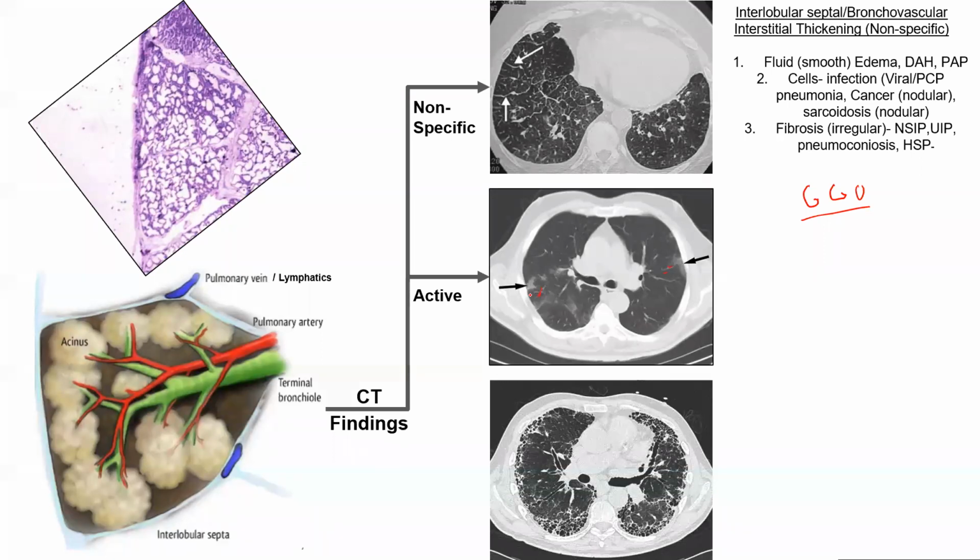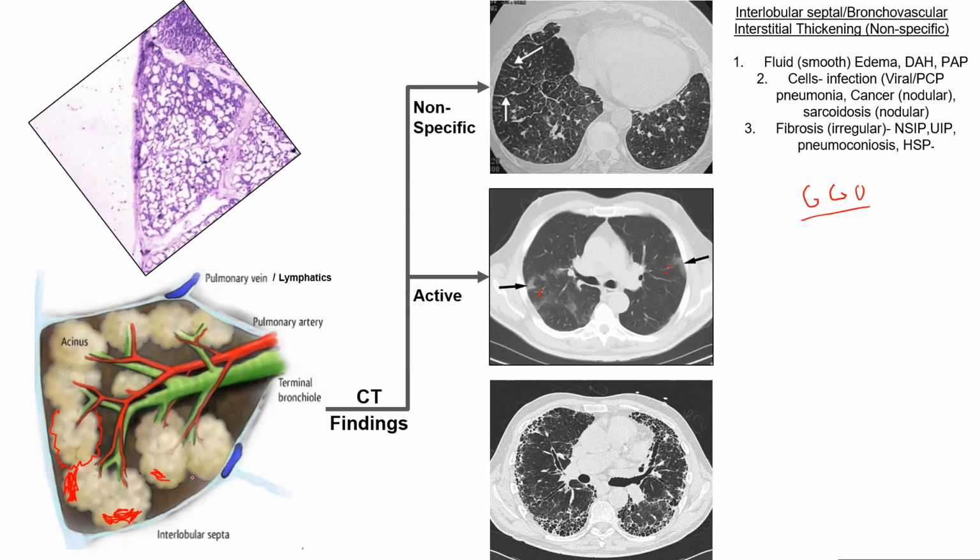So ground glass opacities constitute something really going on at the alveolar level. So it can even be alveolar thickening, or it can be partial alveolar filling. So it's really something going on at the alveolar level.